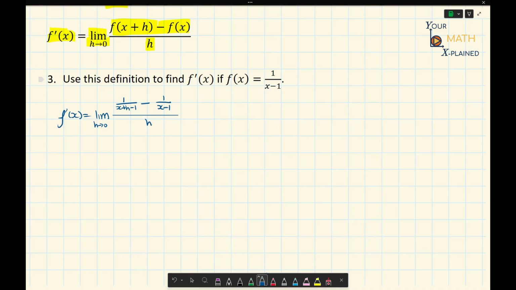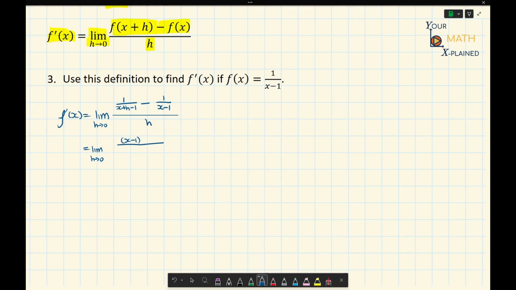Okay, so since our numerator is a fraction minus a fraction, let's go ahead and put them over a common denominator first. So this is the limit as h approaches 0 of, we're going to multiply that first fraction in the numerator by (x minus 1) over (x minus 1). So then we get x minus 1.